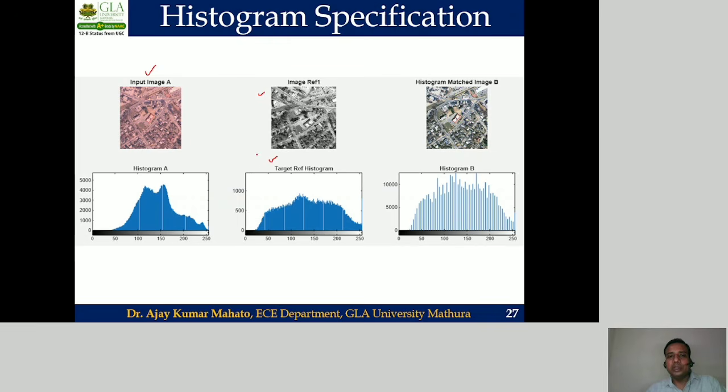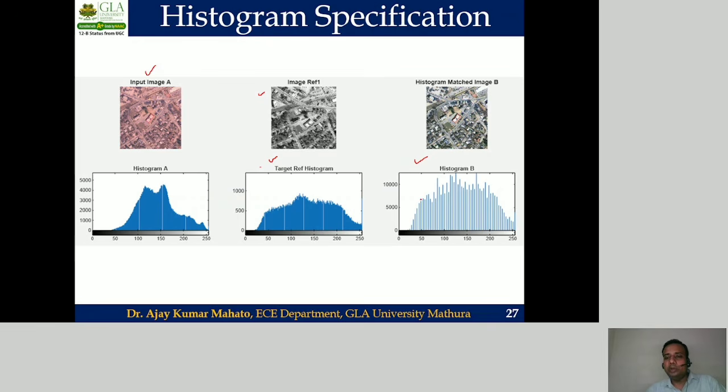By applying the histogram specification operation on input image A, considering this is my target histogram, my output histogram pattern will closely follow the envelope of my target histogram pattern.